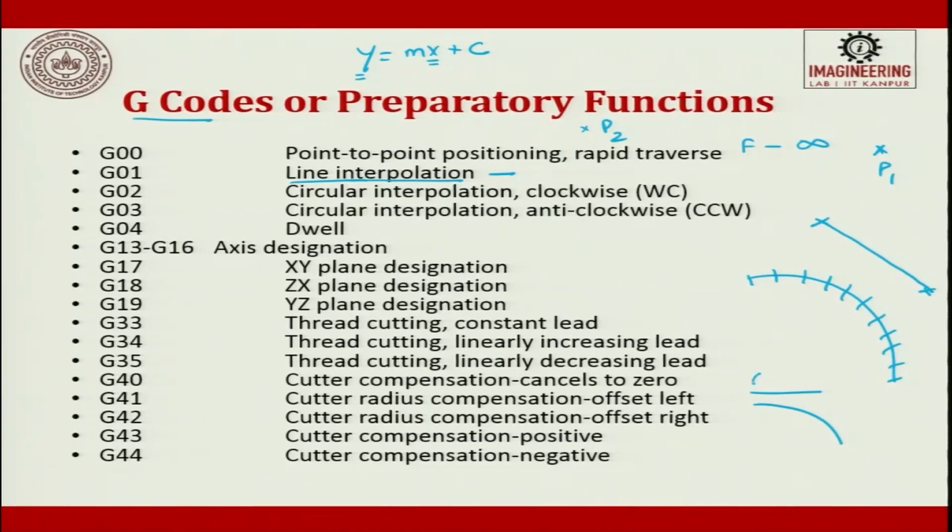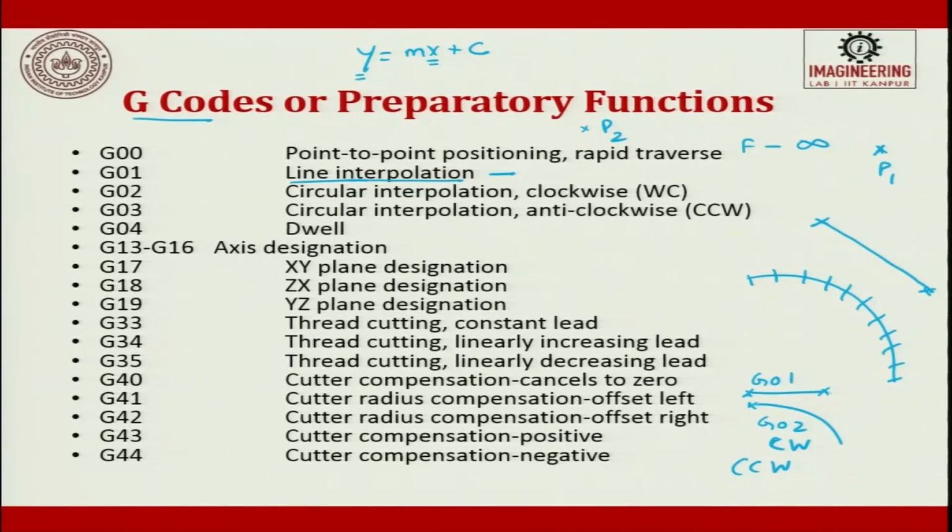So, line is G01 and arc is G02. See, in a line it goes along the start point, end point, or from the end point back to the start point. So, here there is no variation. If you start from here, go here, or you start from here, come here, it is a single command G01 only. But whereas in an arc you have two options, one is clockwise, the other one is counterclockwise.